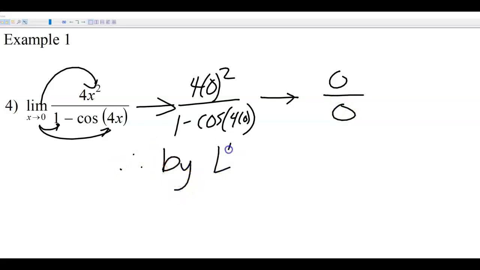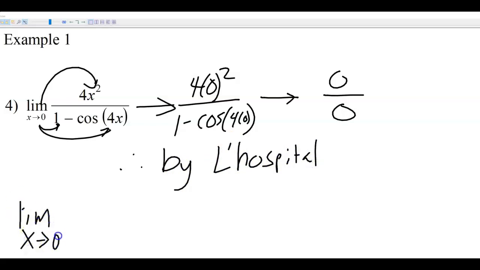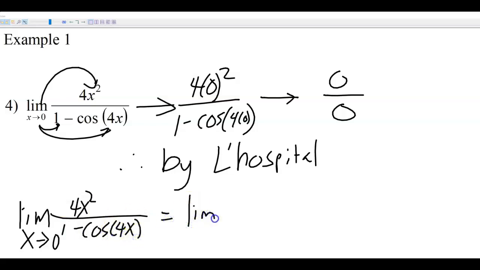So by L'Hopital's rule, we're going to say that the limit of the original function as x approaches 0 is equal to the limit of this new function as x approaches 0, and that new function is the derivative of the original one.